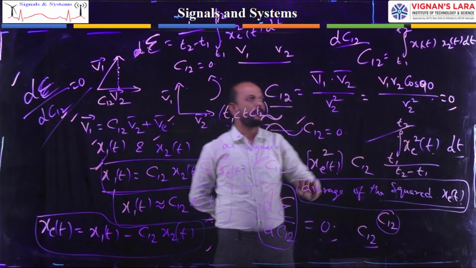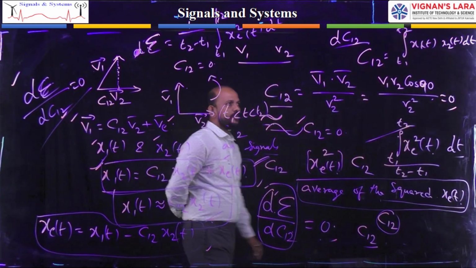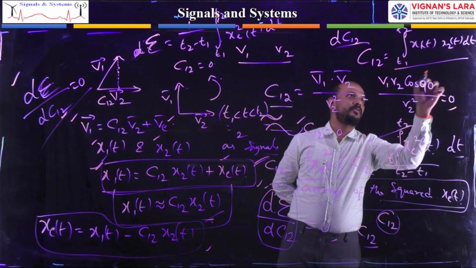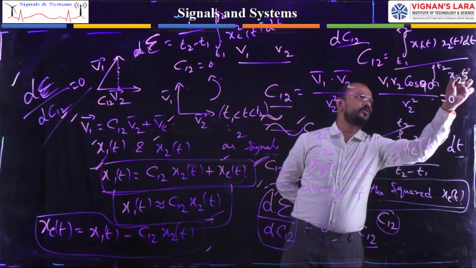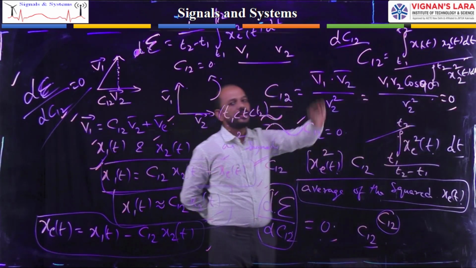This is the numerator part, and the denominator will have v2 square, that is the integral from t1 to t2 of x2 square of t dt. So this is the value of C12.